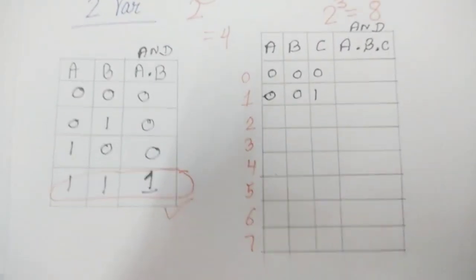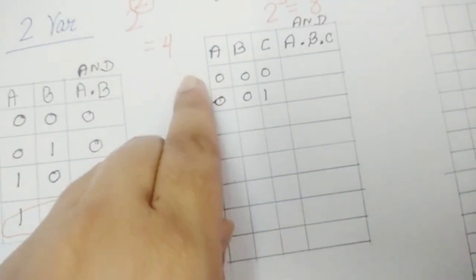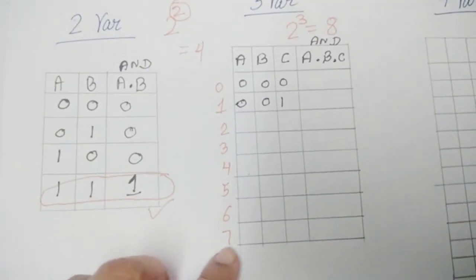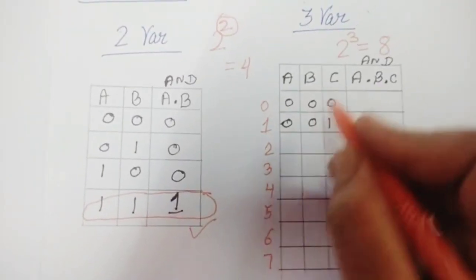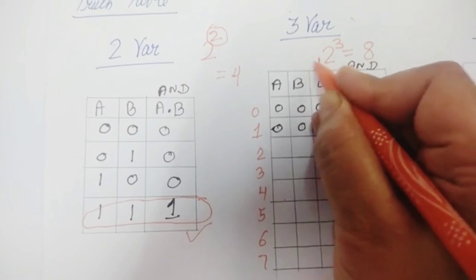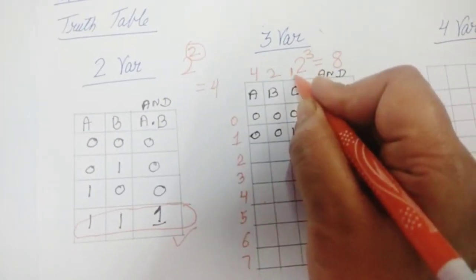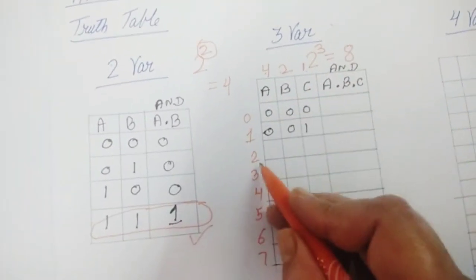Now while drawing the truth table, roughly on this side, write all the possible values. Total 8 combinations, starting from 0 to 7. Now you know the number, how to write it here. The first column indicates 1, the second column indicates 2, the third column indicates 4. So how will you write 2?